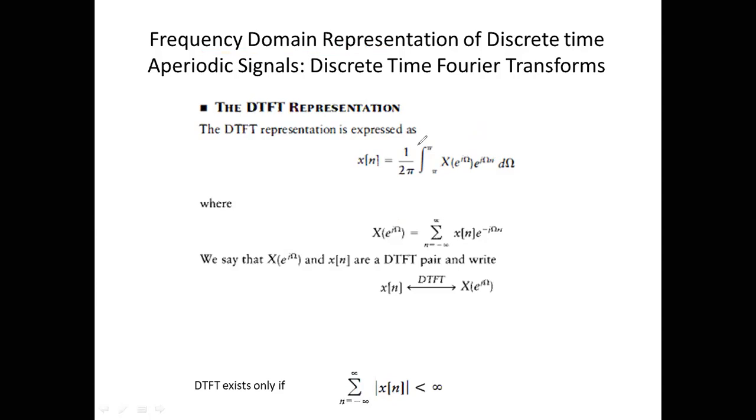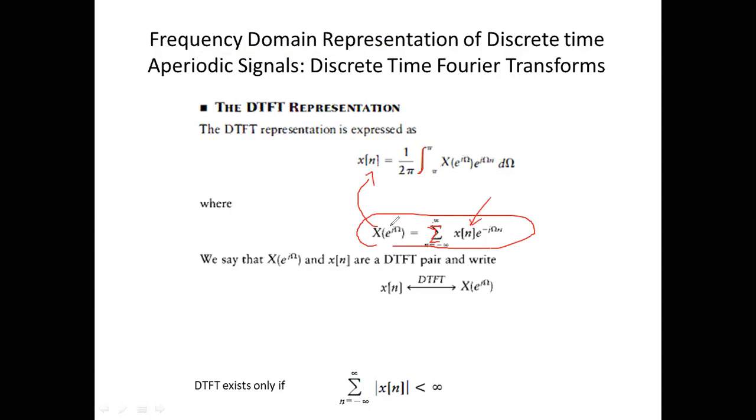This is the expression for the DTFT, the discrete time Fourier transform, and from it we get the representation of x of n. The summation sign indicates that my input x of n is discrete in nature.